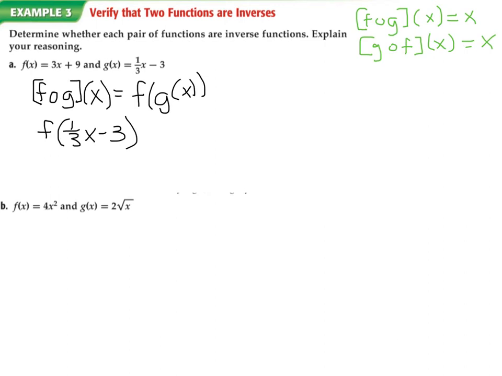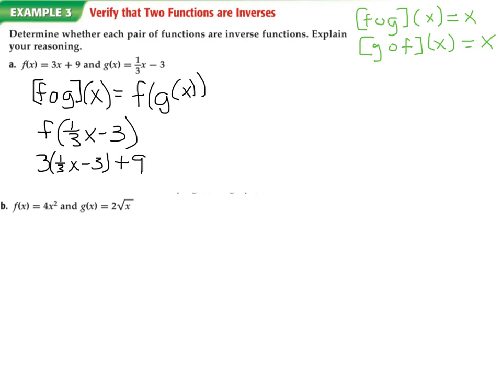That means we're plugging this in anywhere there was an x in my f of x function. So I'm going to have 3 times 1/3 x minus 3, plus 9.